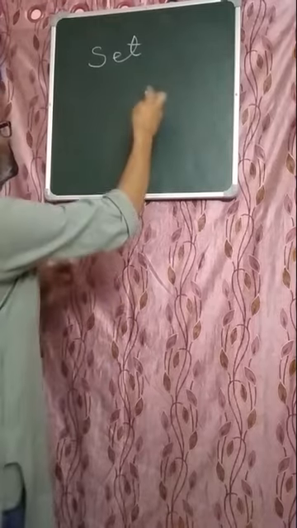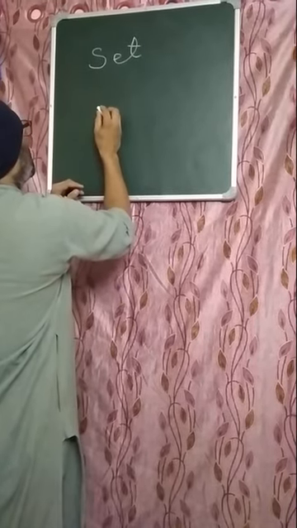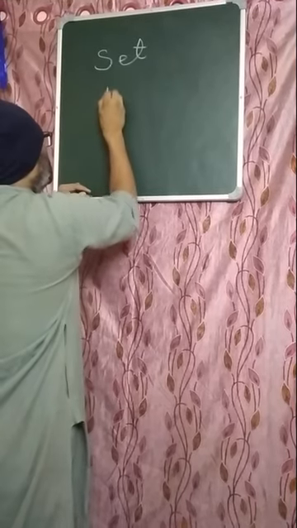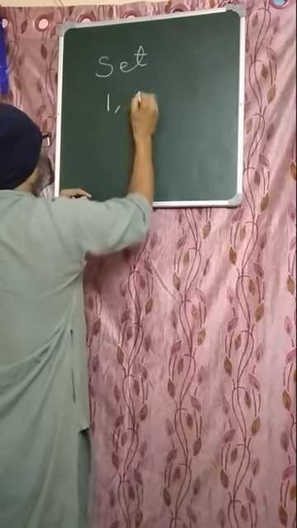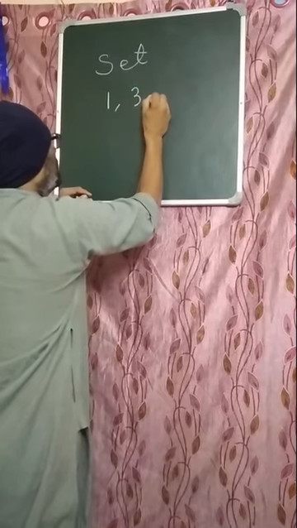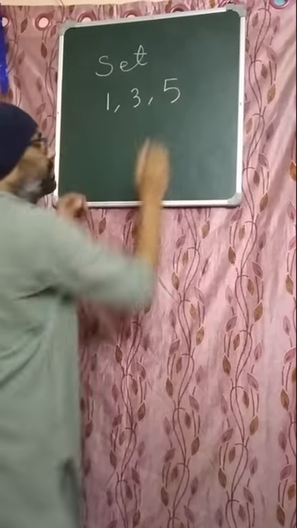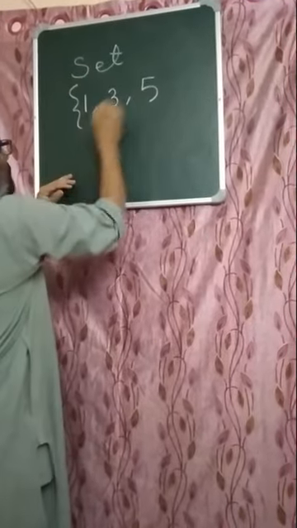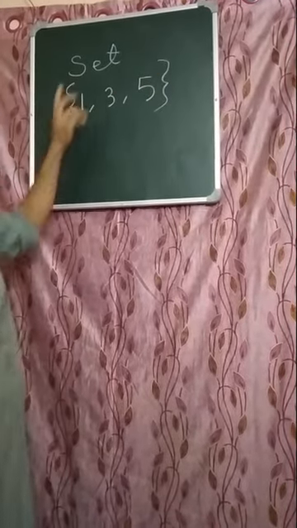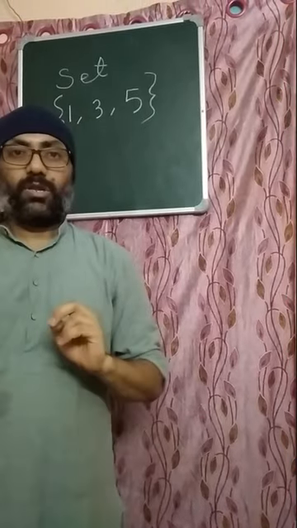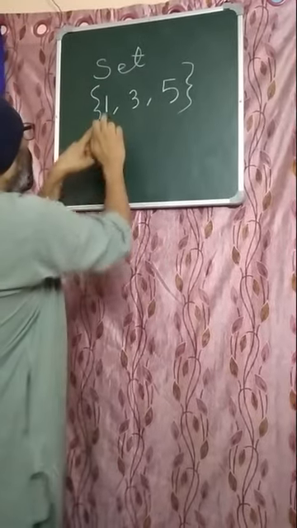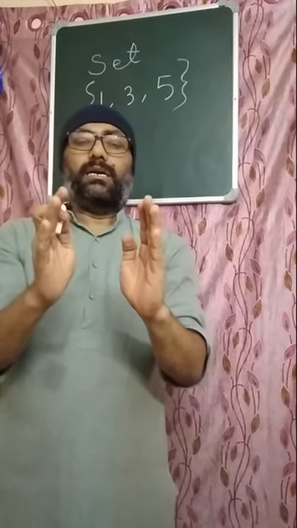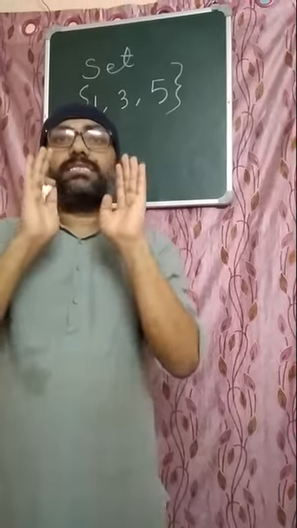For example, if we have three numbers, suppose 1, 3 and 5, the collection of these three objects is called set. So set is a collection of well-defined objects, certain objects about which we are certain.